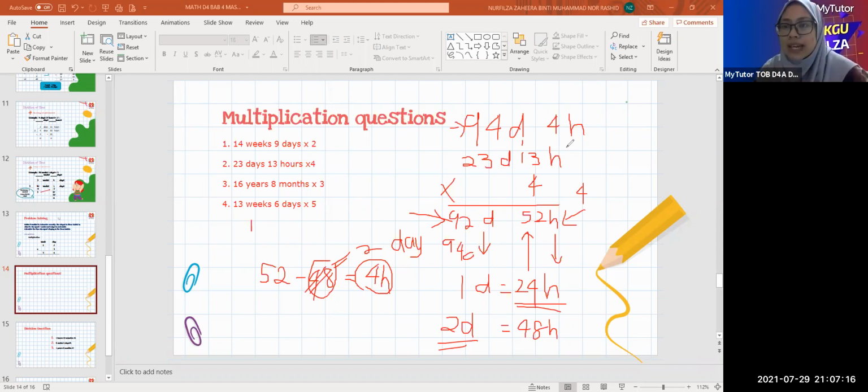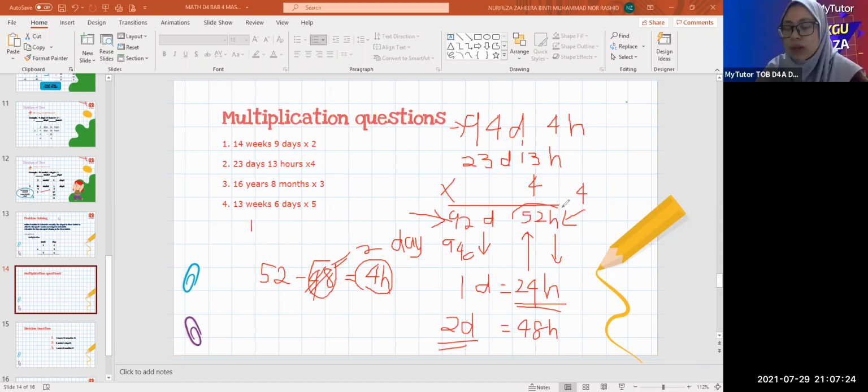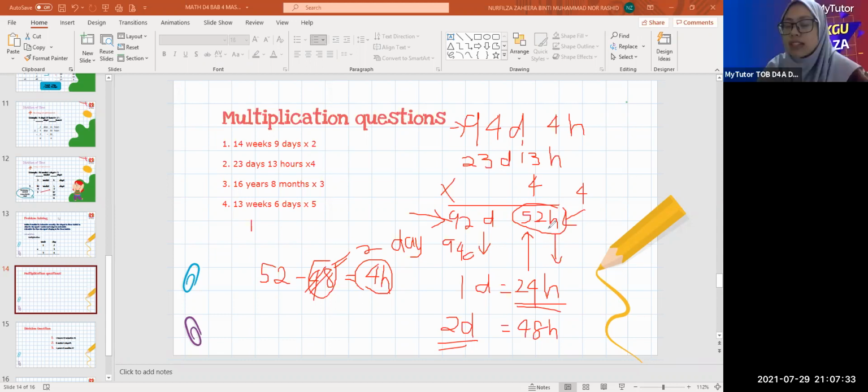Alright, so do you guys understand kenapa jawapan dia 94 days and 4 hours? Yes, teacher. For those yang dapat 52 hours ni, you kena keluarkan. Make some of it jadi days.